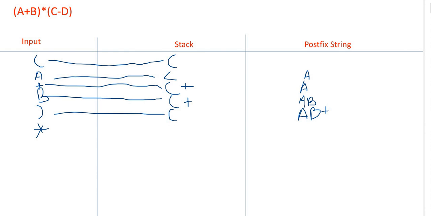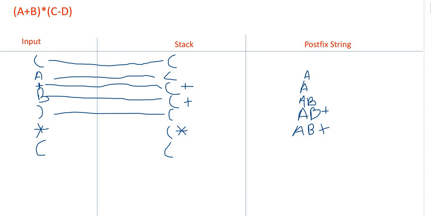Star will be simply pushed into the stack. After that comes this opening parenthesis.